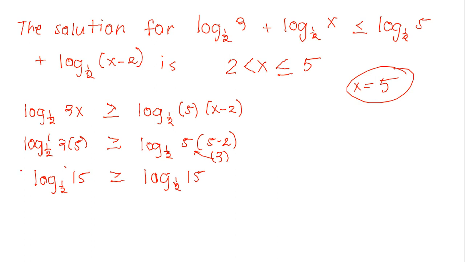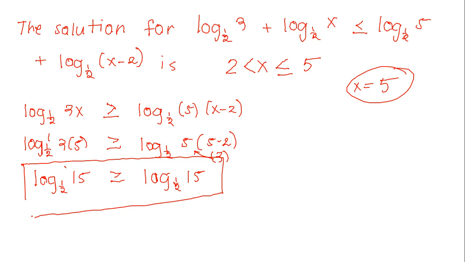So it states here that logarithm of 15 with the base of 1/2 is greater than or equal with the logarithm of 15 with the base of 1/2. Meaning po, tama pa rin po yung sagot po natin kasi equal lang naman po yung both sides ng inequality po natin. Okay? So, ganyan po yung gagawin natin here kapag less than positive 1 na po yung given po na value po ni base.